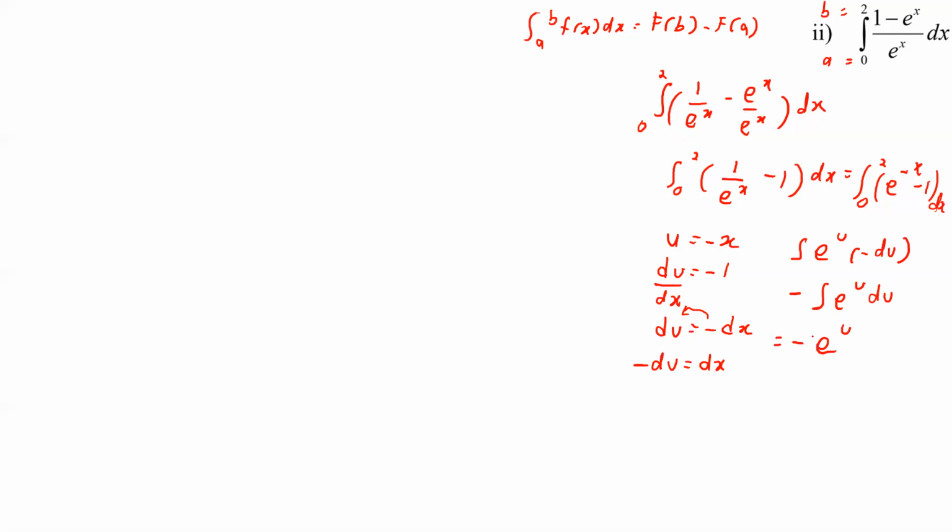Okay, so here, the integral from 0 to 2 of e^(negative x) minus 1 dx is equal to, you have to substitute back u. u is equal to negative x. So this one is equal to negative e^(negative x) minus x, from 0 to 2.